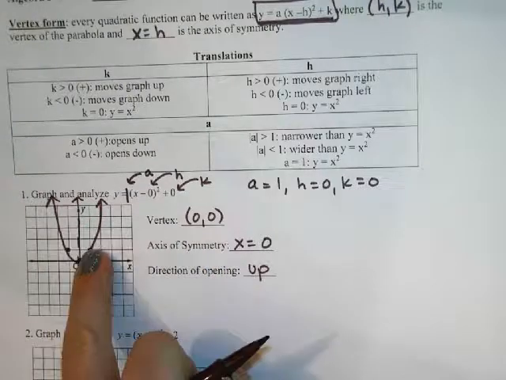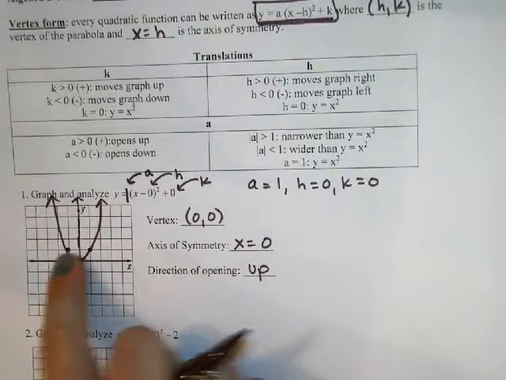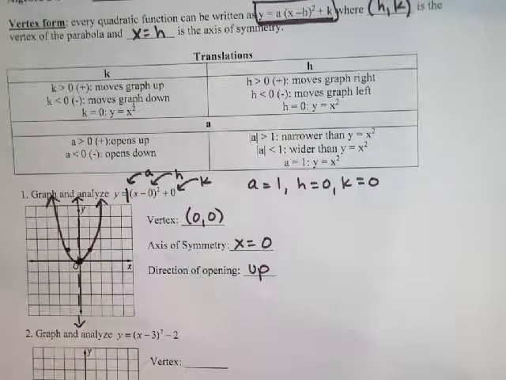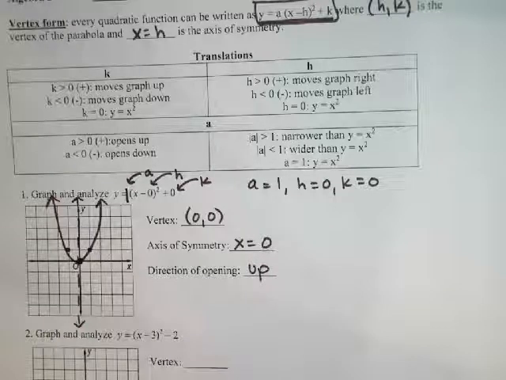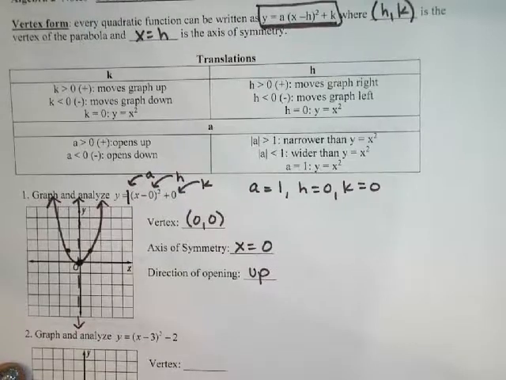So you're only going to graph the vertex and the next 2 points using that a value as your slope. Okay, questions on that one?